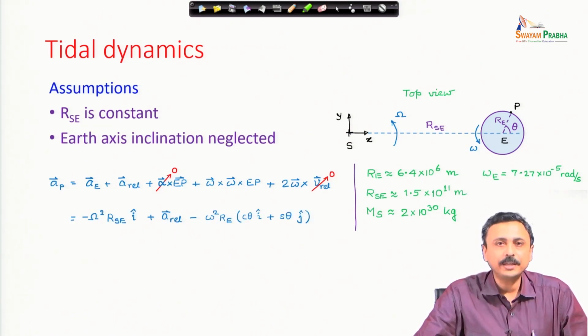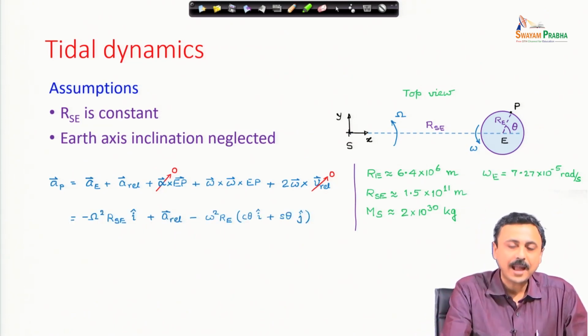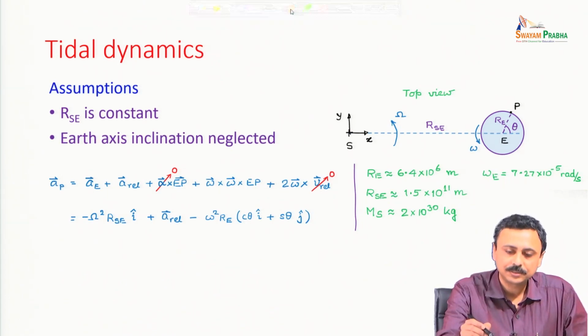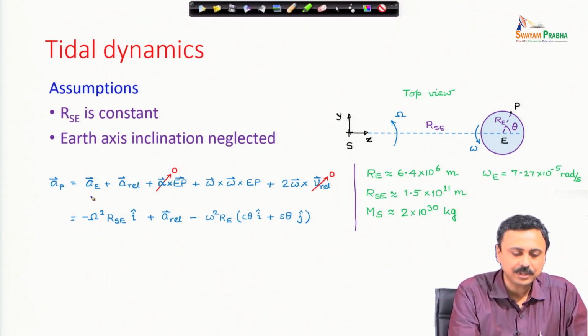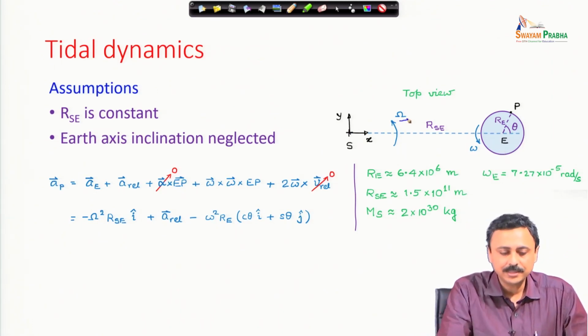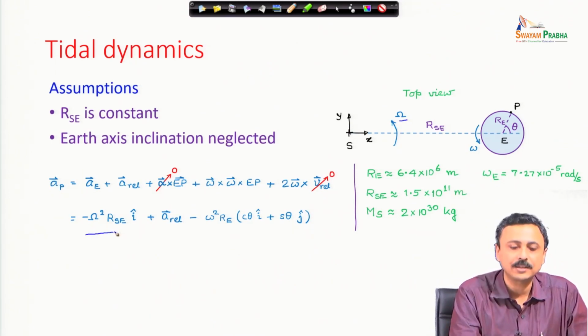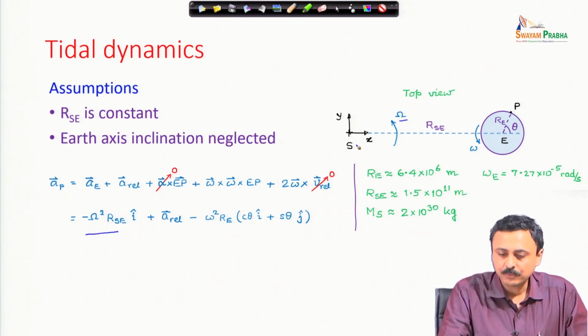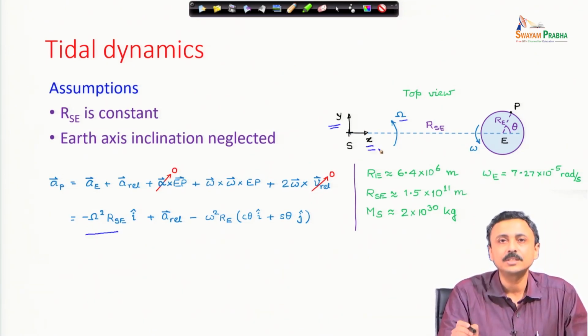Now, we put in the expressions. Acceleration of the earth, because of its rotation on a circular path around the sun at a constant angular rate capital omega, is nothing but the normal acceleration. We are using this coordinate system, this is y, this is x, which is centered at the sun. We are assuming that the sun is static.